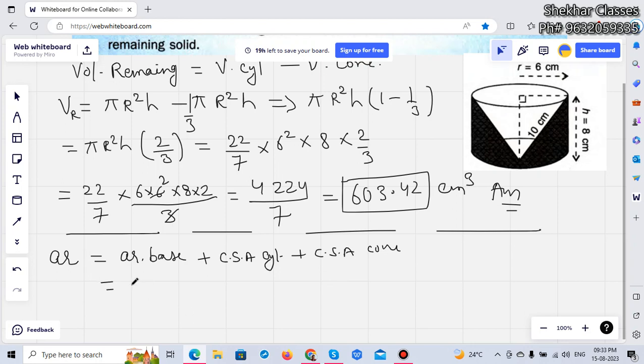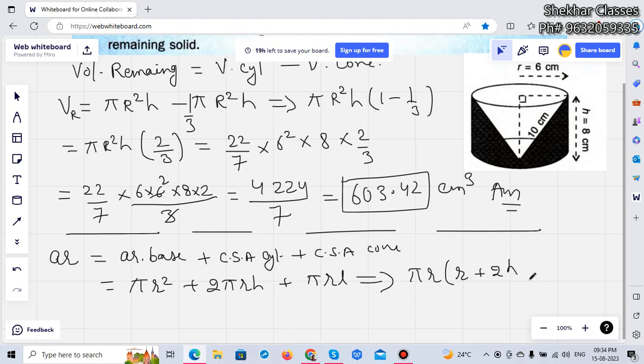So area of base is pi r square, curved surface area of cylinder is 2 pi rh, and of the cone is pi rl. If I take pi and r common, what is left is r plus 2h plus l.